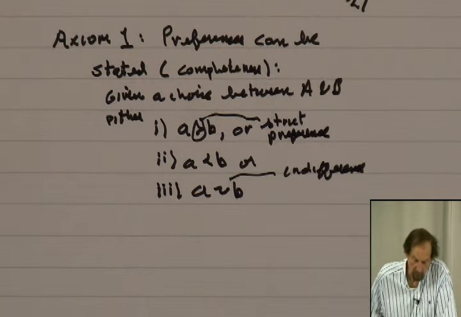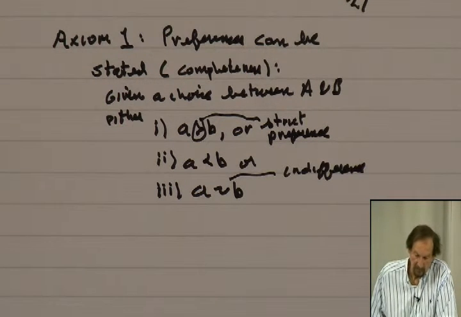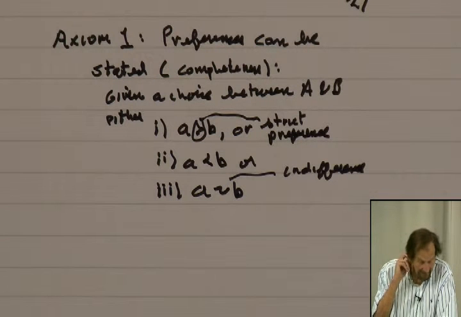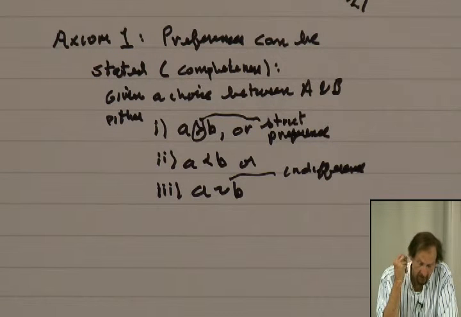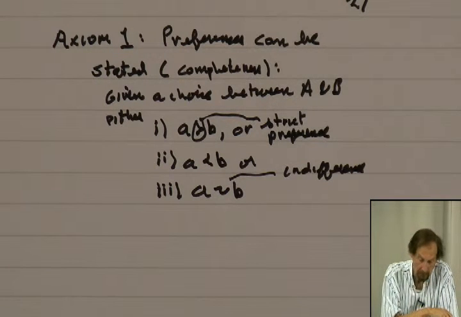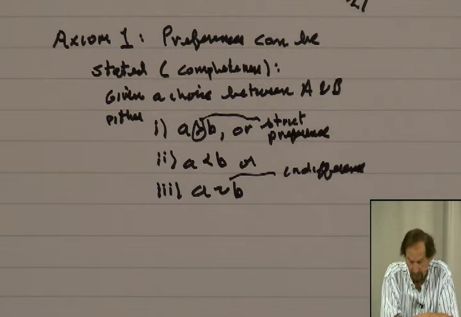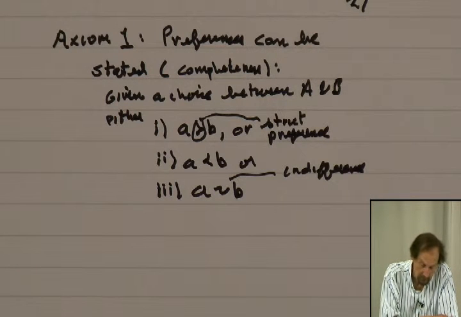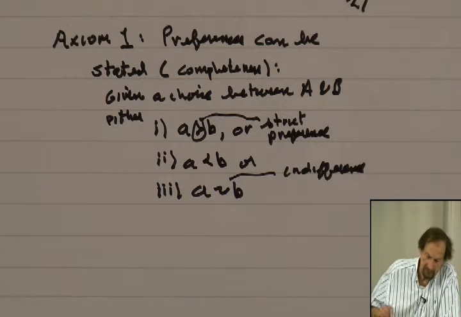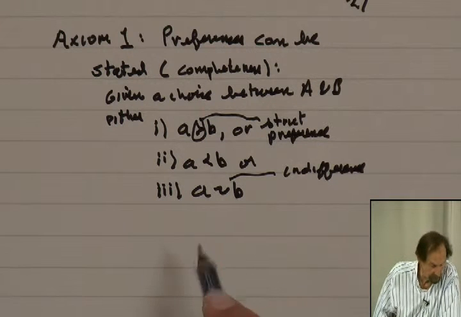Now, what we mean that they can be stated, they must be stated. If we're given an apple and a banana and we're asked to choose, we can't say, oh, I don't really know what I like better. You have to make some choice. You have to say one is better than the other, or you like or dislike either of them the same.